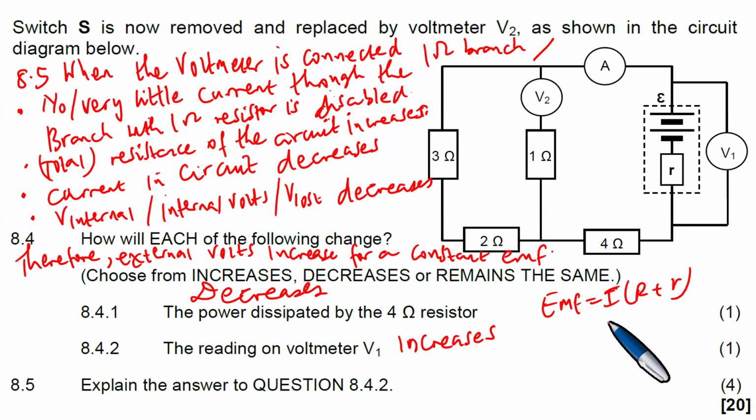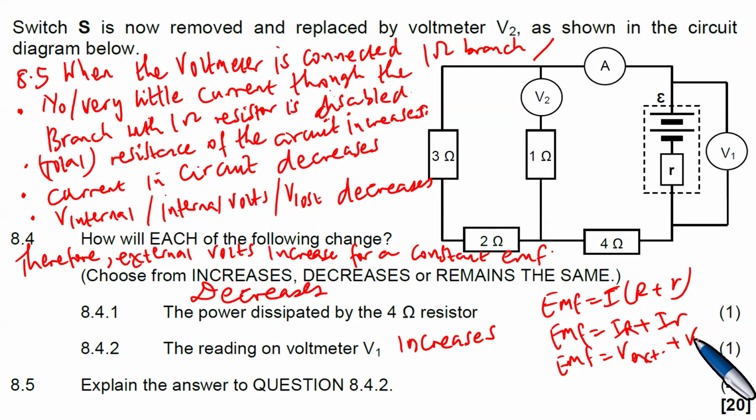Well, the EMF must remain constant. EMF is IR plus I small r, internal resistance, which is V external, and then V internal, lost volts.